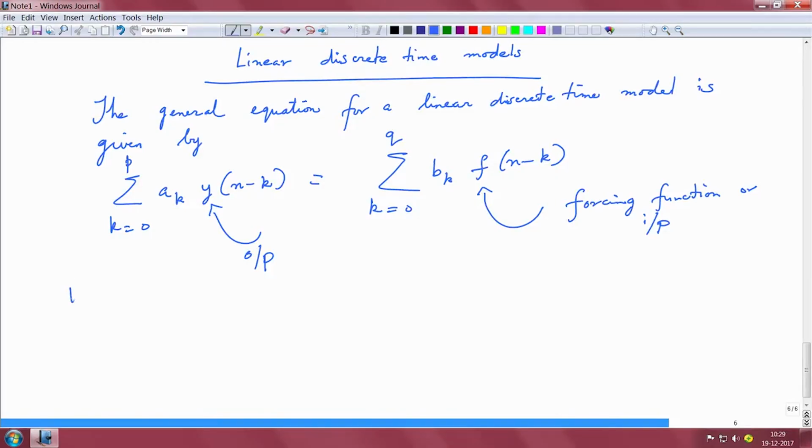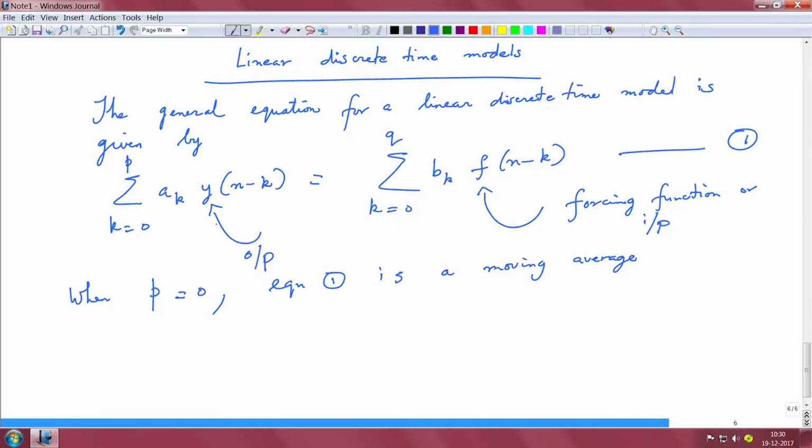Now, when p equals 0, equation 1 is a moving average. So, when p equals 0, you are looking at just one term, and the scalar a naught can be pulled outside.